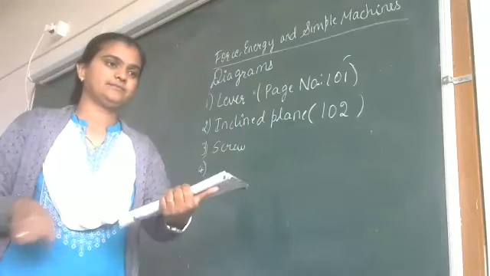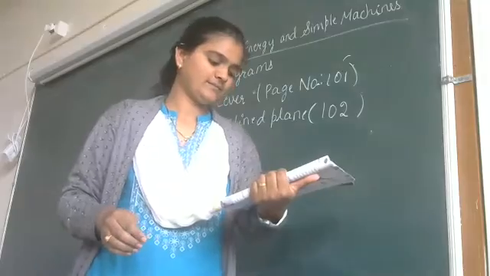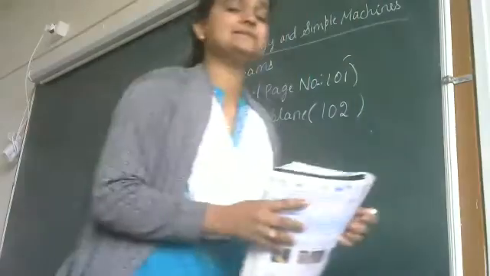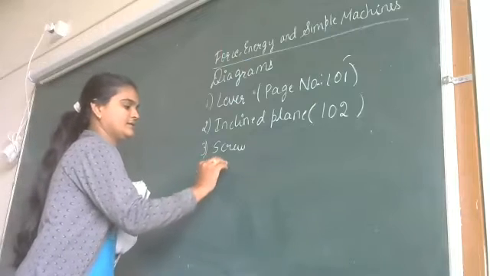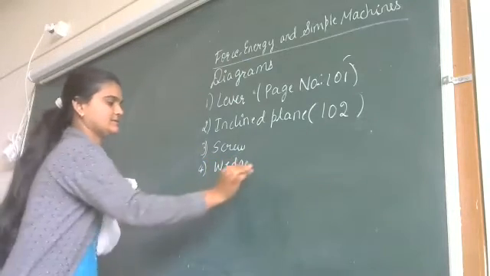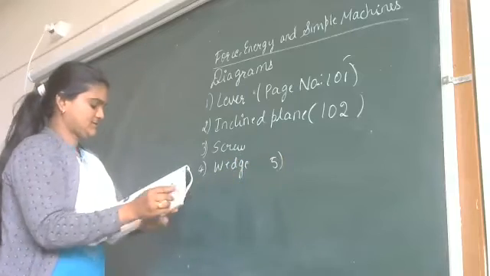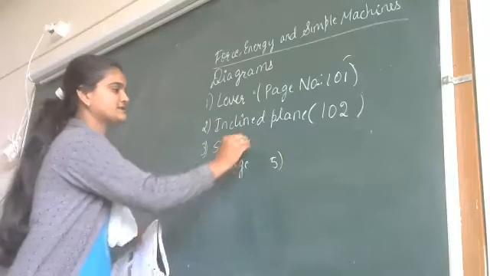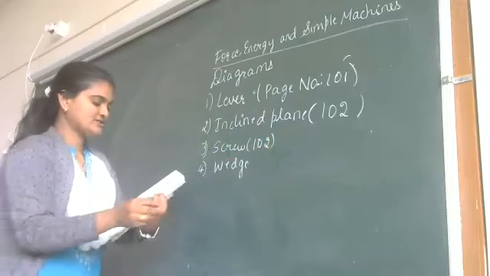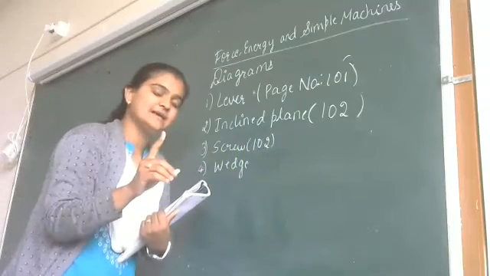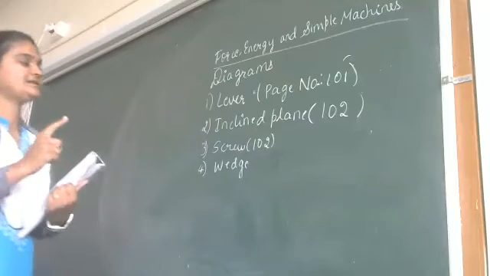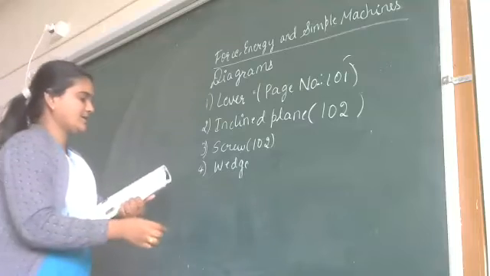Lever first. Next one is wedge. Even the screw is on the same page number 102. Wedge, I want only one example to be drawn. Simple diagrams of lever, inclined plane, screw, wedge.